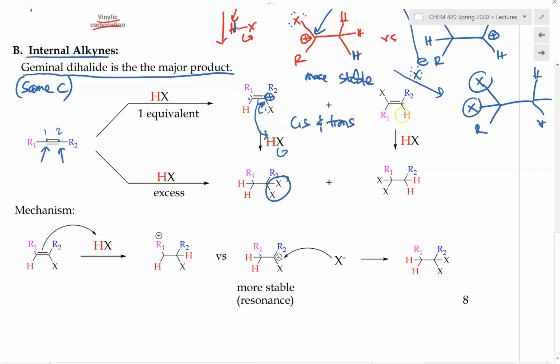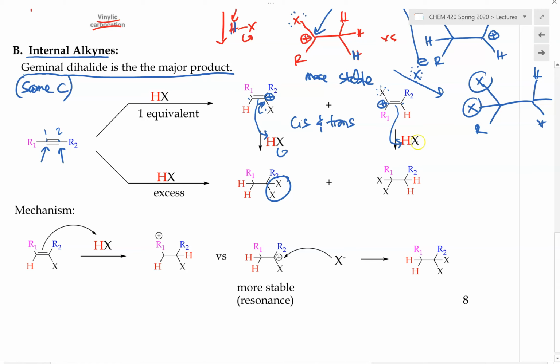And similarly over here, when we have this product and we now have excess HX, again this will come in and do a basic attack, and the major product will be the one where the carbocation is located on this carbon, where the first halogen is located. That again is due to the resonance stabilization.